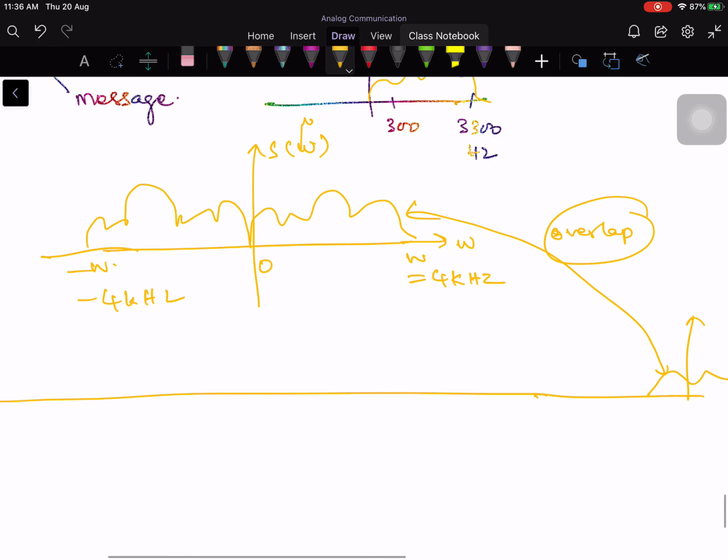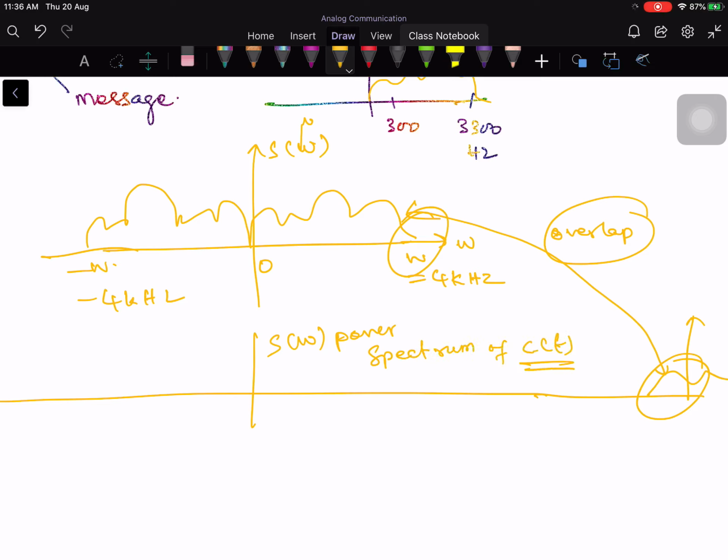So this is a low frequency component, and this is a high frequency component. This is the power spectrum of c of t.